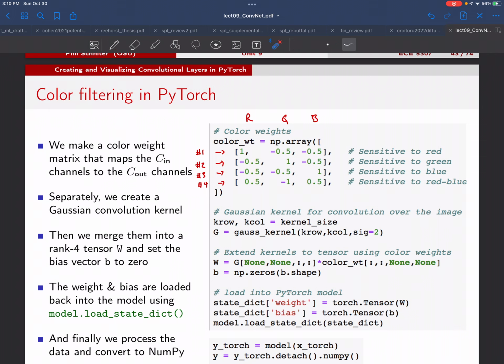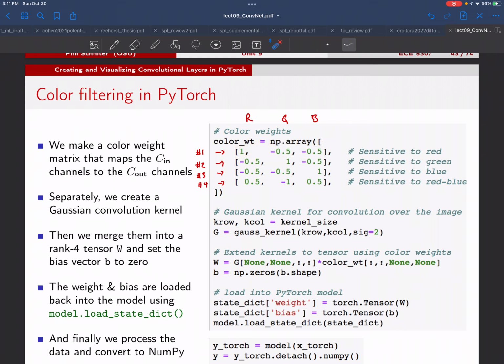When you look at filter number 1, these are the weights. We assign a 1 to the red weight and minus 1/2 to the green and blue weights. Another option would have been to set these at 0. That would have worked fine too, the results would have been slightly different. But by making these numbers negative, we're giving a negative weight to anything that has green or blue in it. This is how we created that first filter.